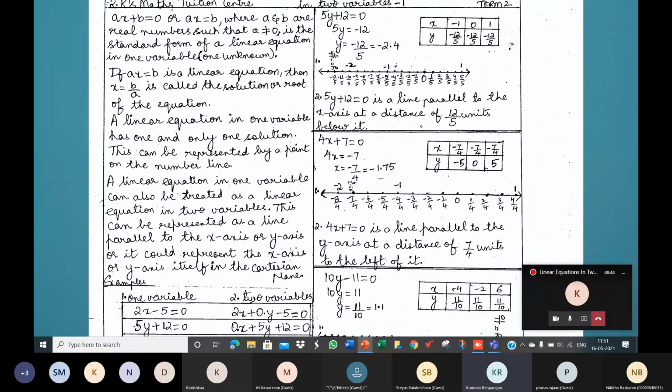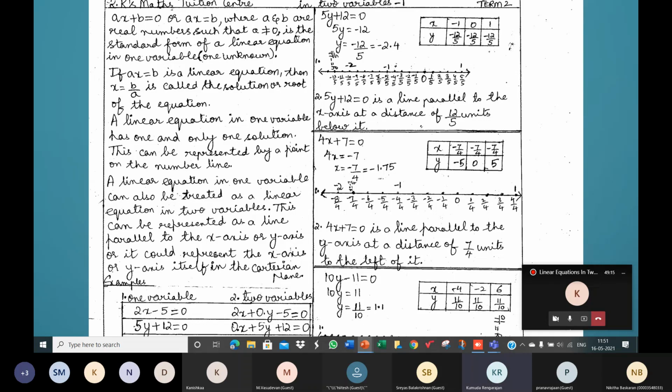Use 5: 5 plus 2 is 7. LHS is 7, but the RHS is 0. Let's try something else, like 3. So 3 plus 2 is 5. Or negative values also: minus 3 plus 2 is minus 1, but the RHS is 0. So the equation is satisfied only for this value of x, which is minus 2. So minus 2 is the only solution of this linear equation x plus 2 is equal to 0.